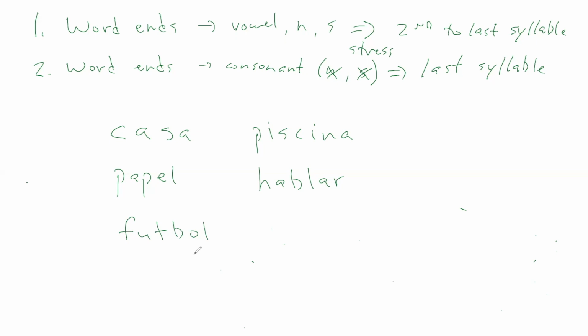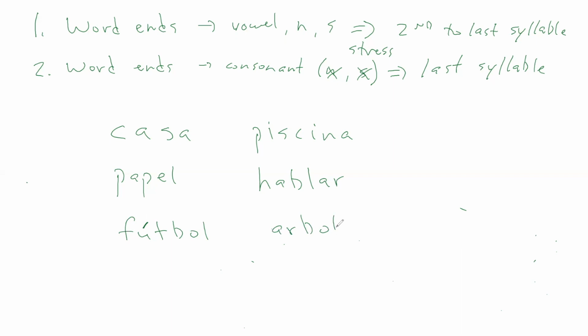But if I tell you that this word is stressed on the first syllable, now you know this needs a written accent, because the written accent is telling us not to stress it according to the rule. This word is an exception. Stress it on the second to last, not the last. Let's look at a couple other words.